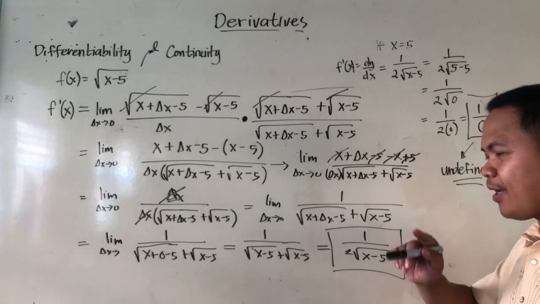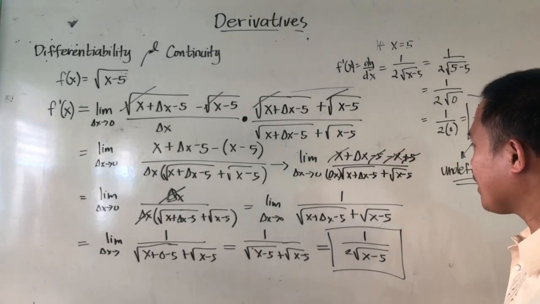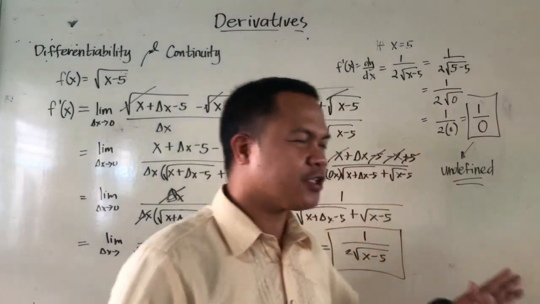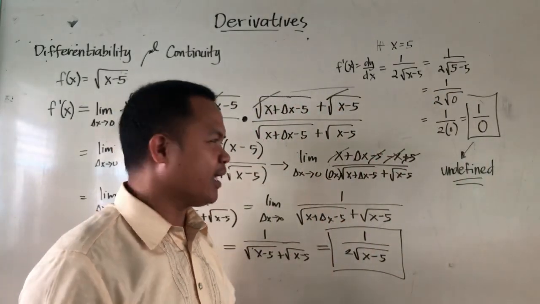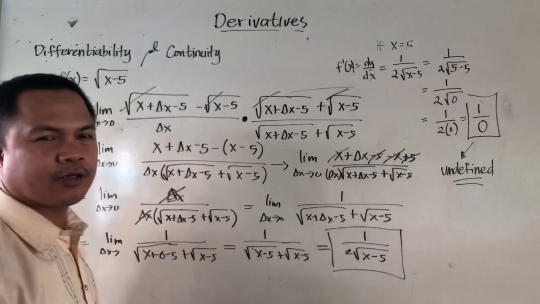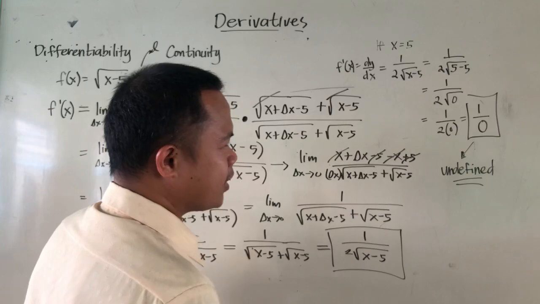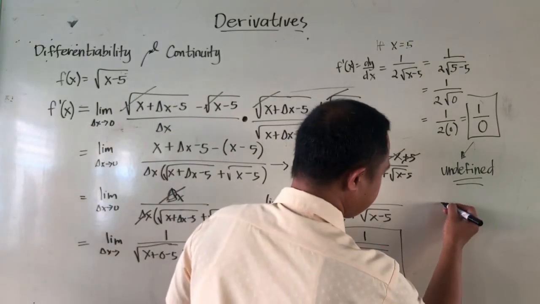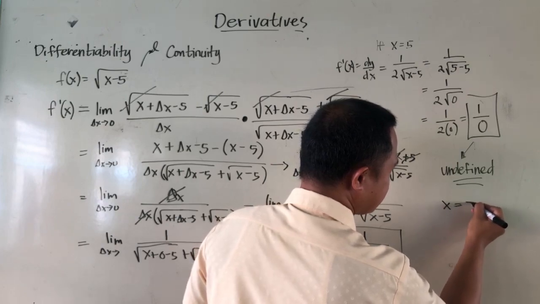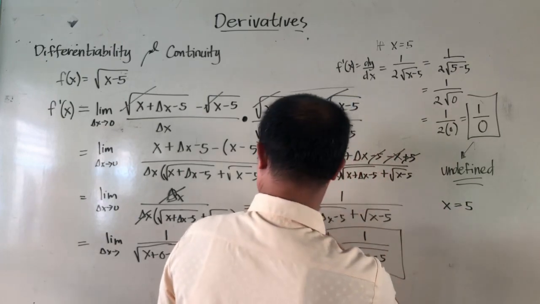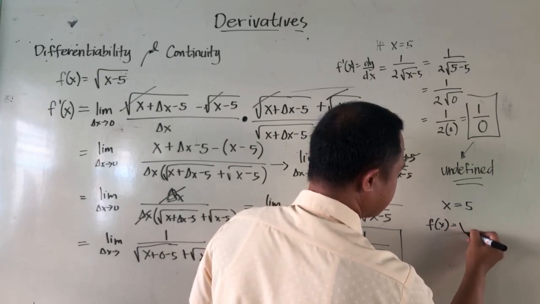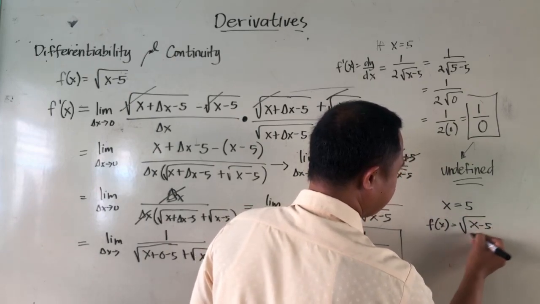Okay? But if we're going to look for whether the given function is continuous or not, this is actually continuous because, if we're going to substitute x is equal to 5, then f of x is equal to the square root of x minus 5.